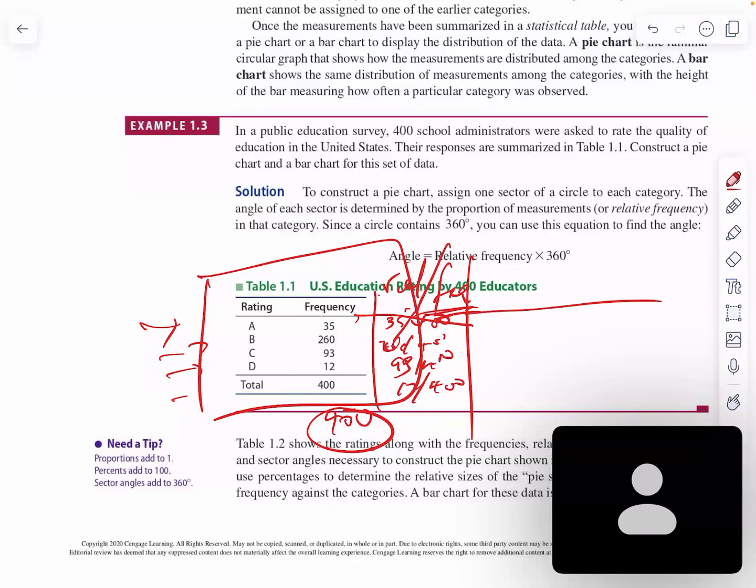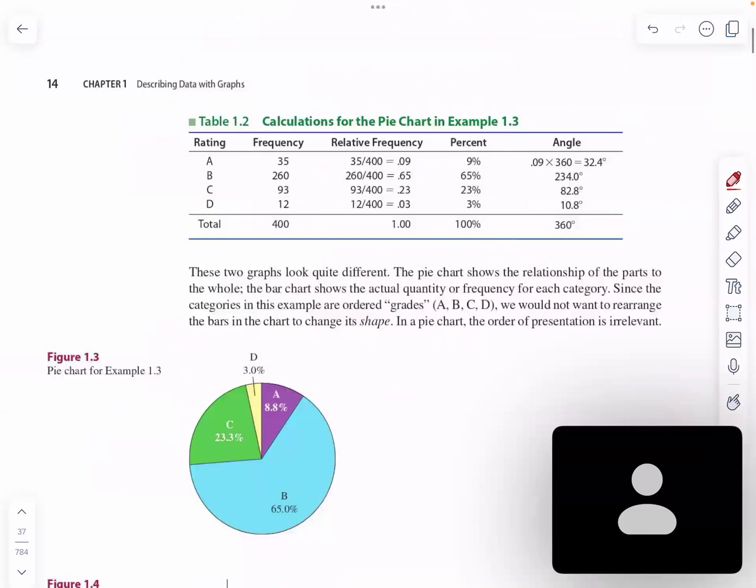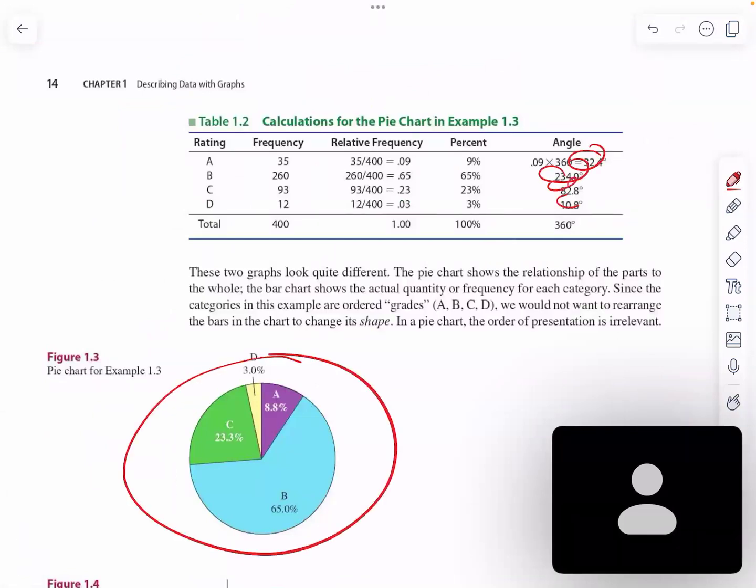Now for the pie chart, you multiply each of these by 360 degrees. We've talked about that in class, and that is exactly what you have here. And the angles are represented here.